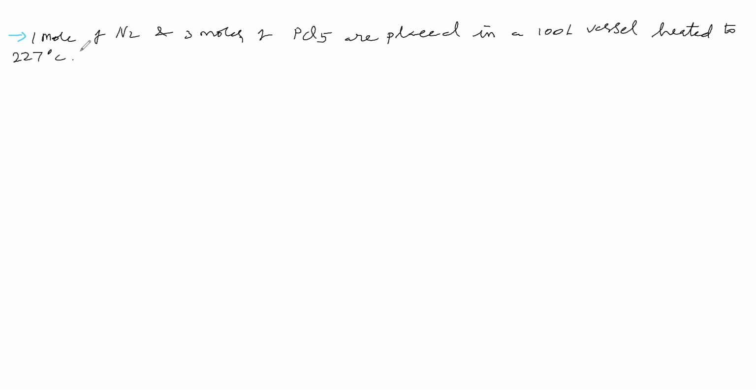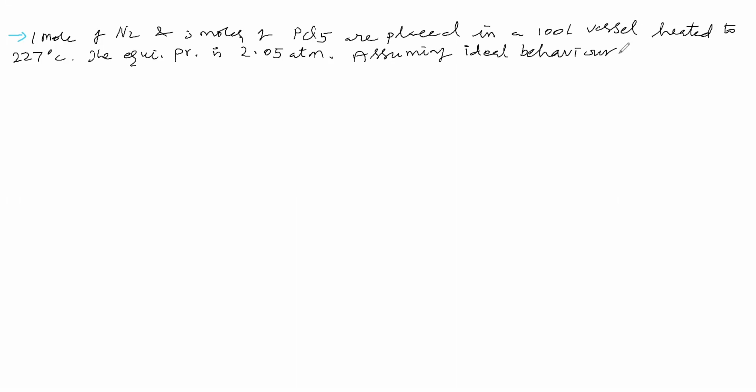The equilibrium pressure is 2.05 atmosphere. Assuming ideal behavior, calculate the degree of dissociation of PCl5.